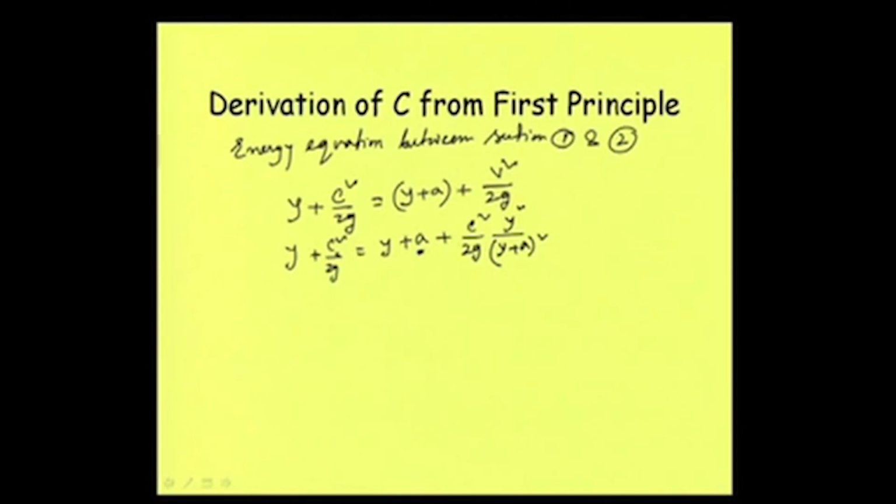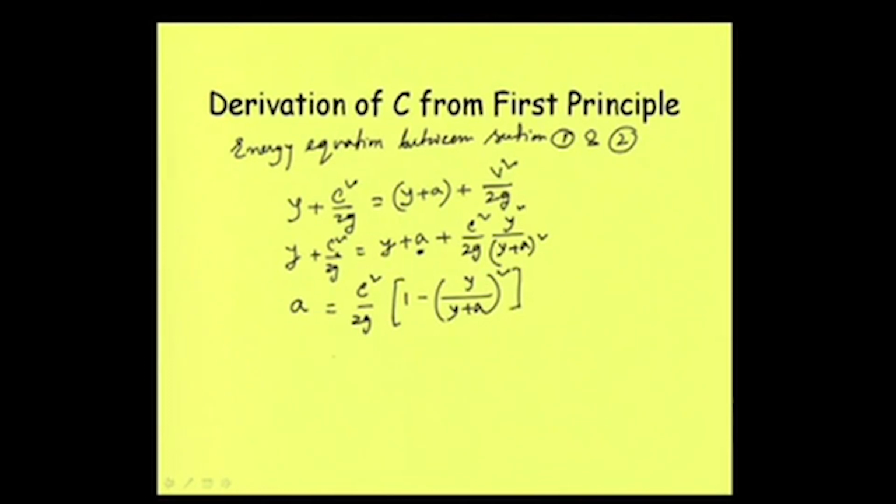Well, let us just separate this term and see how we can write it. The y and y will of course get cancelled, and let me first write a in terms of c. a is equal to c square by twice g times 1 minus y square by y plus a whole square.